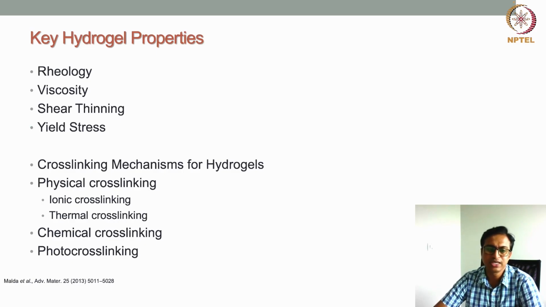Similarly, photo cross-linking is another important area used for different bioprinting applications, to stabilize the structure, for shape retention, structural fidelity, structural resilience, and structural stability. All these different cross-linking mechanisms are used. We'll discuss this in the later slides.